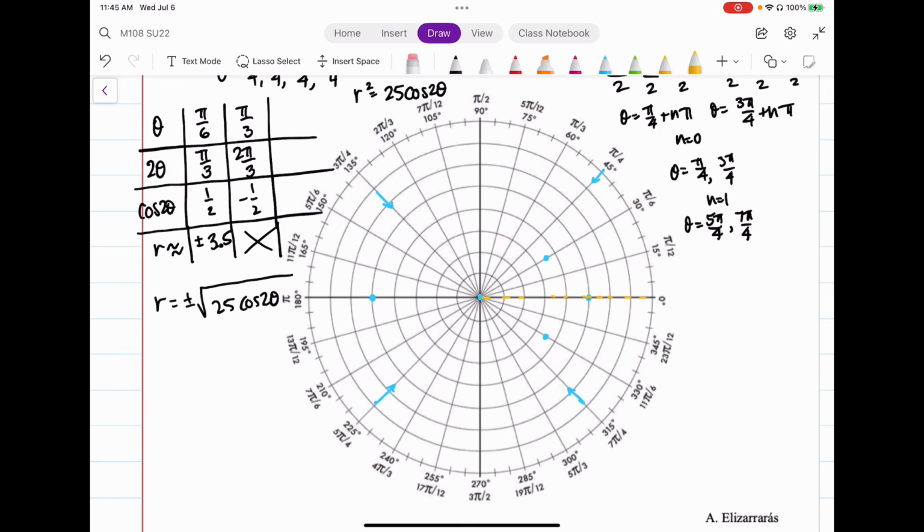And because this is a figure 8, it's also true on the other side. So at 5 pi over 6, I'm at 3.5. At 7 pi over 6, I'm at 3.5 as well. And I can connect my figure. And that is my graph.